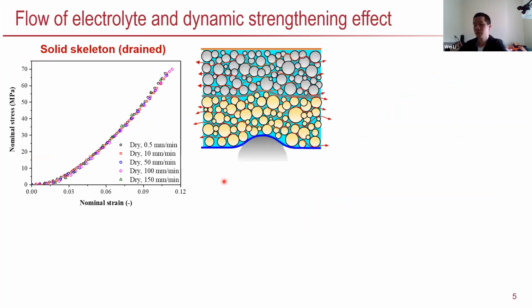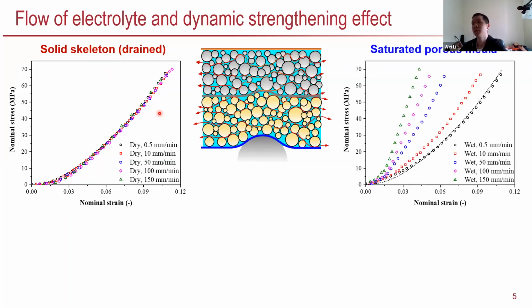But of course, in this model, we didn't consider the electrolyte inside the battery. And actually, the electrolyte has some influence on the mechanical performance. For example, if we do a compression test for the battery without the electrolyte, we can see the responses are basically the same.